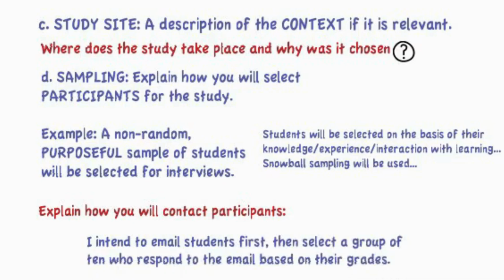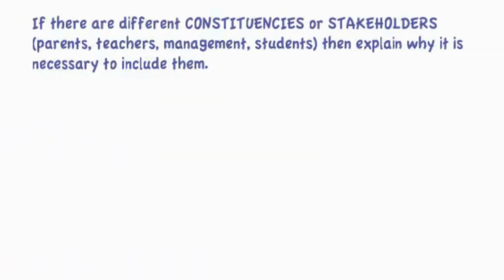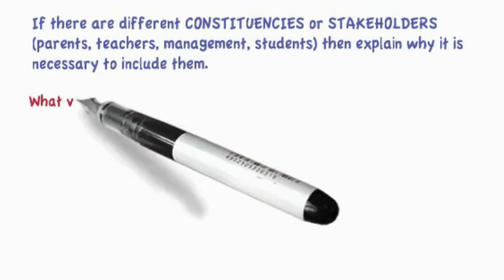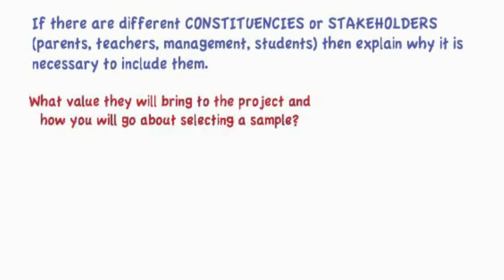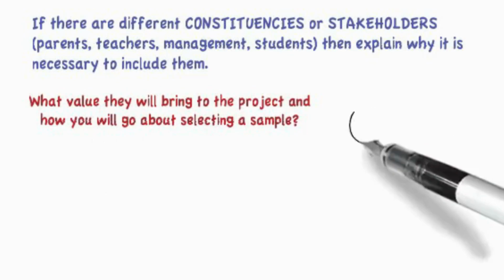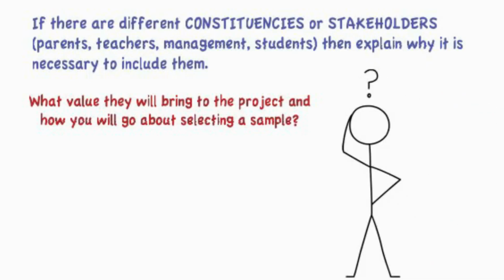So how will you contact them first, and then what will you do? Constituencies within your research project or stakeholders, then explain why it's necessary to include each of those different stakeholders. What value will they bring to the project, and how will you go about selecting a sample?